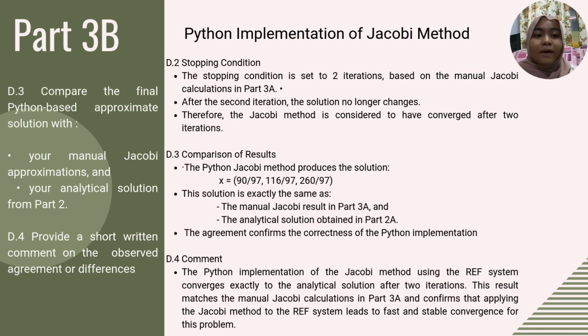After executing the Python code, the Jacobi method produced the solution x = 90/97, 116/97, and 260/97, which is identical to the result obtained from the manual Jacobi method and the analytical solution. This consistent agreement between the Python output, the manual iteration, and the analytical solution confirmed that the Jacobi method was implemented correctly in Python.